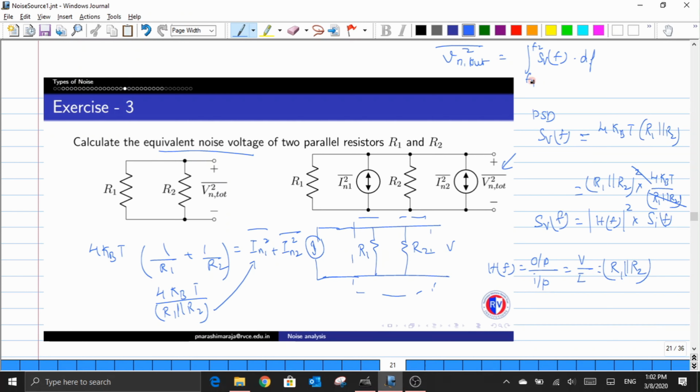the band difference between this frequency f2 and f1 could be considered as 1 Hertz.